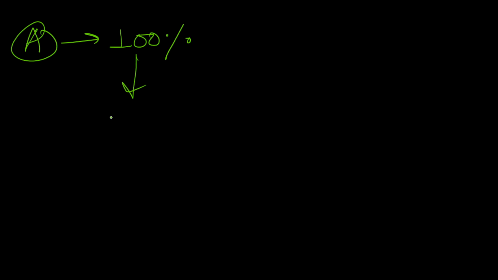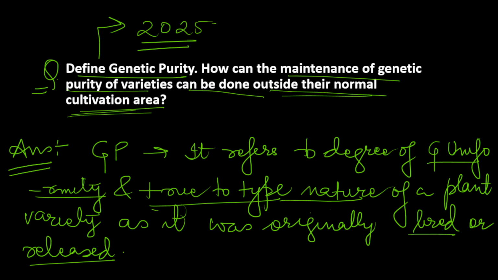So I'm taking the next page, so I am making you understand. Suppose there is a plant variety A, and while we are releasing the variety, the genetic purity is 100%. So this genetic purity should be maintained at 100% in coming times also. So you can see the definition.